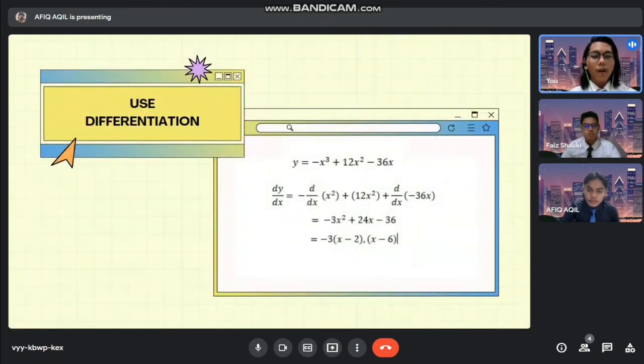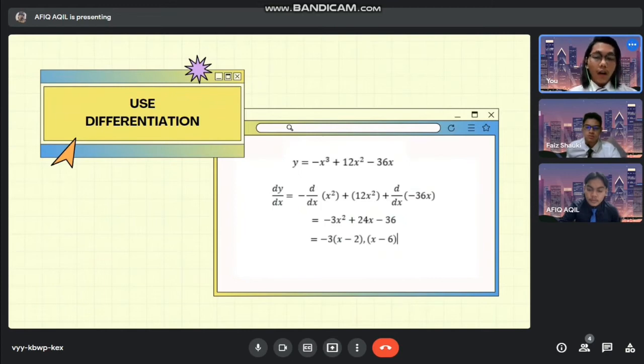Next, I will talk about the question given for this presentation. Firstly, use differentiation. In question A, the graph of a curve is y equals negative x power of 3 plus 12x power of 2 minus 36x.